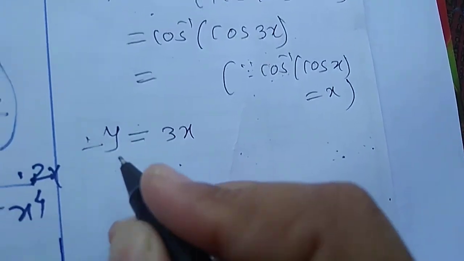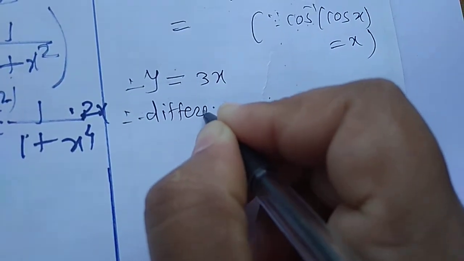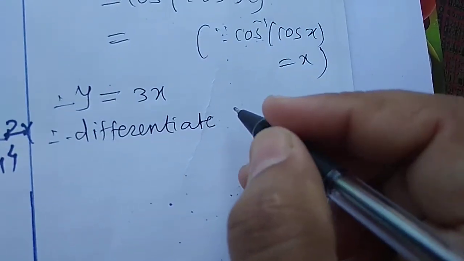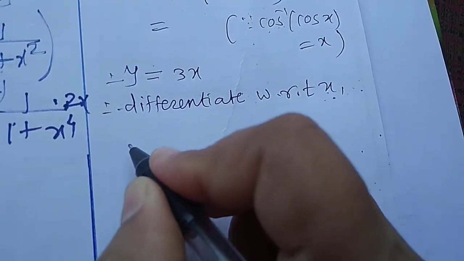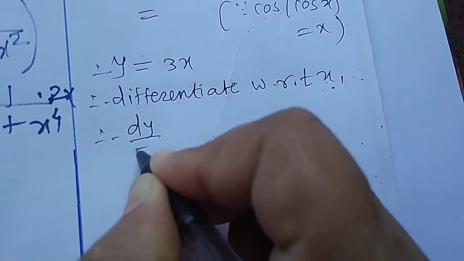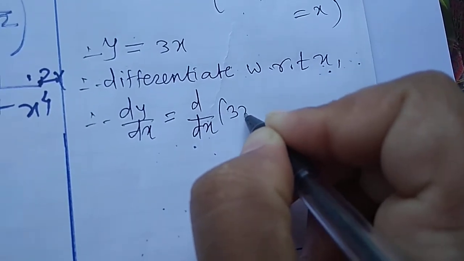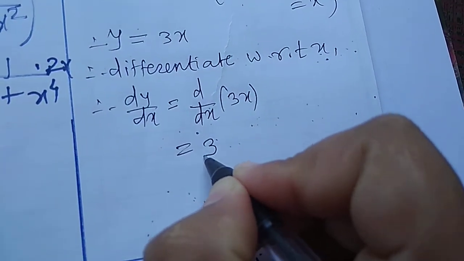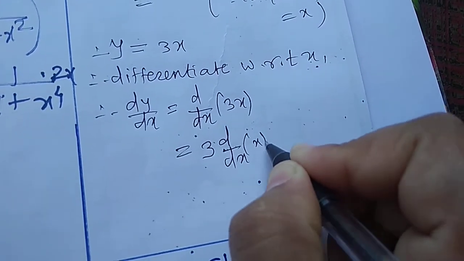Here y is a function in variable x. Therefore differentiate the given function y with respect to x. Therefore dy by dx is equal to d by dx of 3x. So here 3 is constant, so we can write it in this way, 3 d by dx of x.